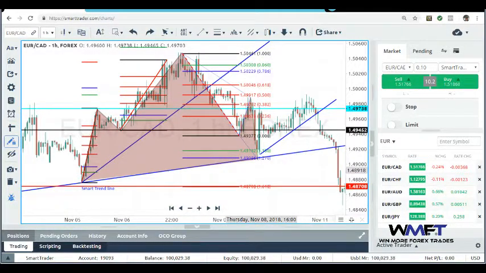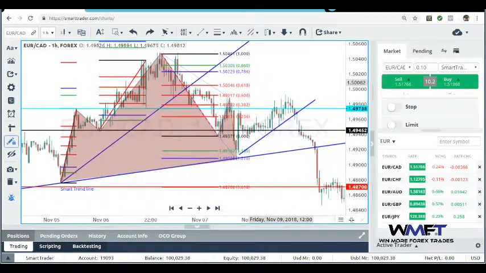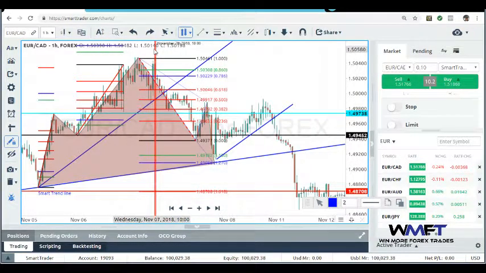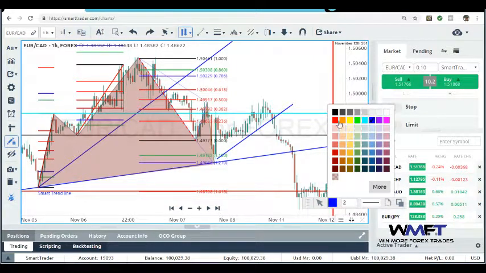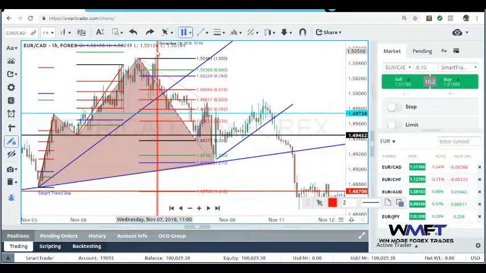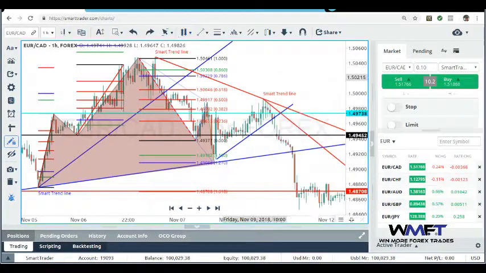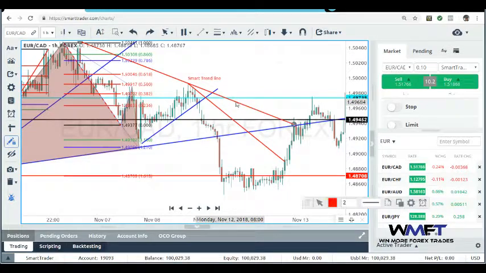Okay, so let's go ahead, reset, and move forward, and then you can bring in your trend lines, your downtrend lines, because now we have a downtrend. And there's your downtrend, and find your next touch and just bring in more trend lines.